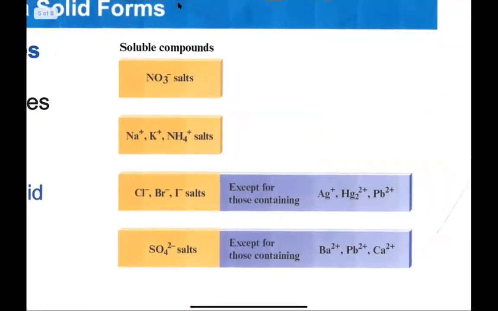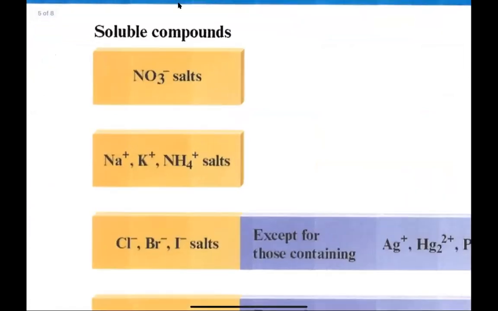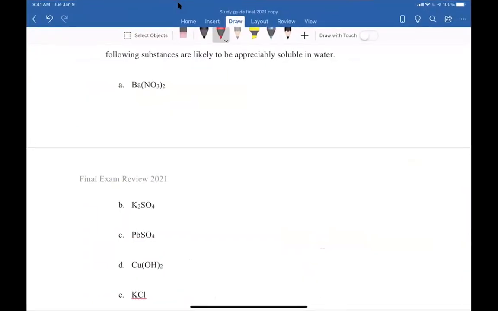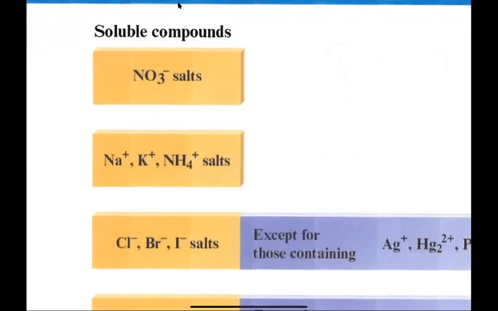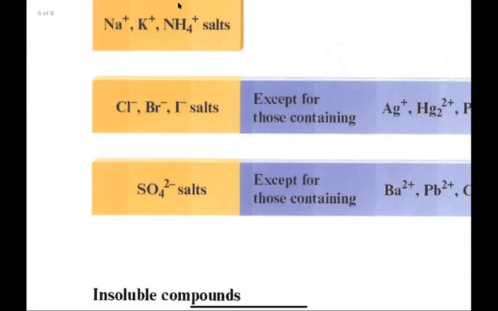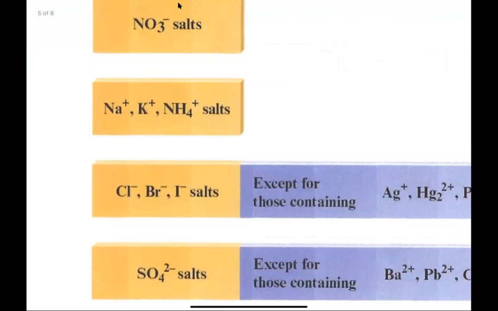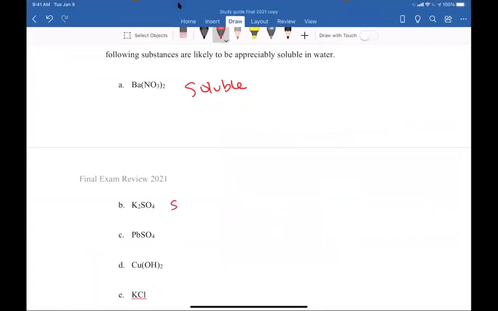So the first one we have is Ba(NO3)2. So anything NO3 salts is soluble. So this would be soluble, and you would just write something like that. K2SO4, okay? SO4 is soluble. K is also soluble. So because K and SO4 are both soluble, these would be soluble.